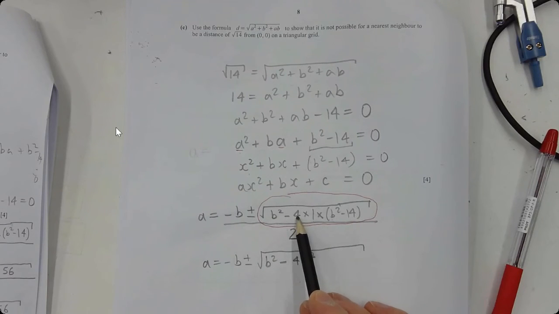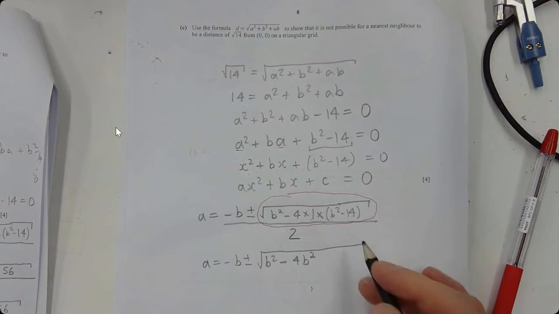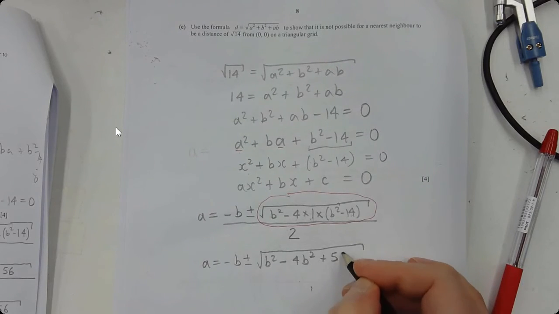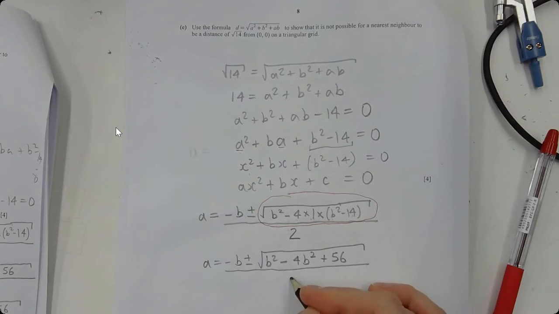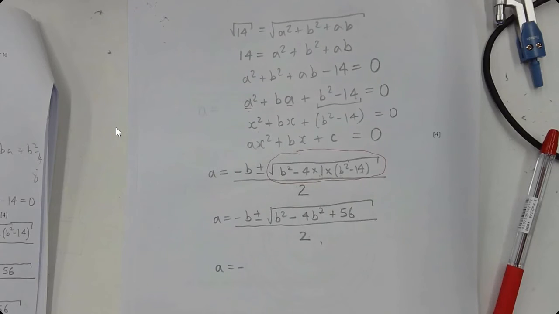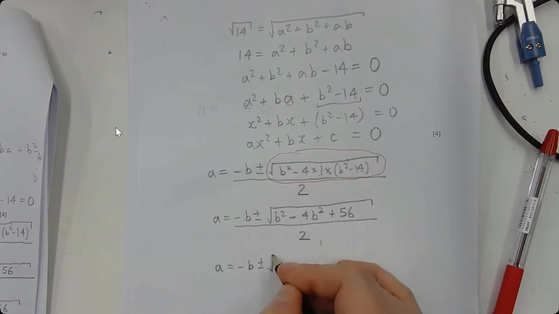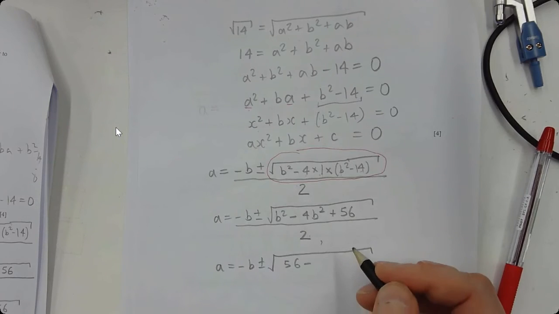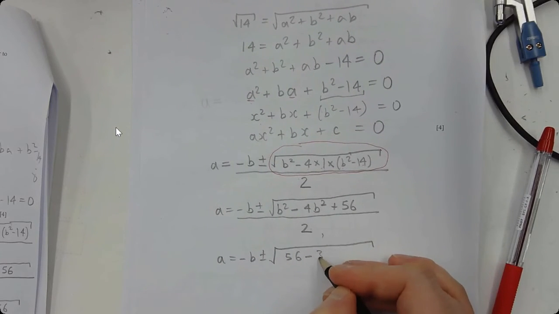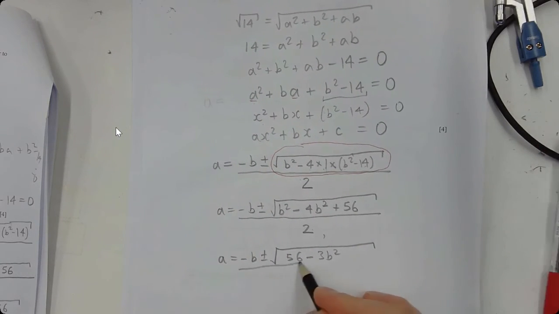And then minus 4 times 1, which is minus 4, times minus 14, which is plus 56, all over 2. Then this simplifies further, because b squared minus 4b squared is minus 3b squared, I'm sorry.